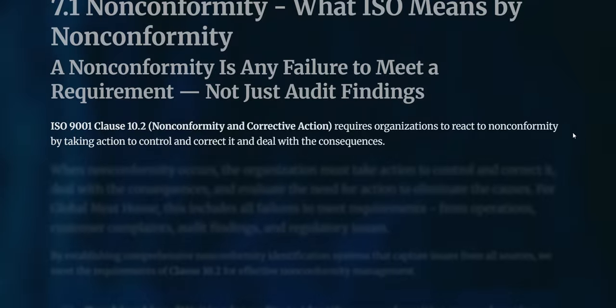ISO 9001 Clause 10.2, which is nonconformity and corrective action, requires organizations to react to nonconformity by taking actions to control and correct it and deal with the consequences.